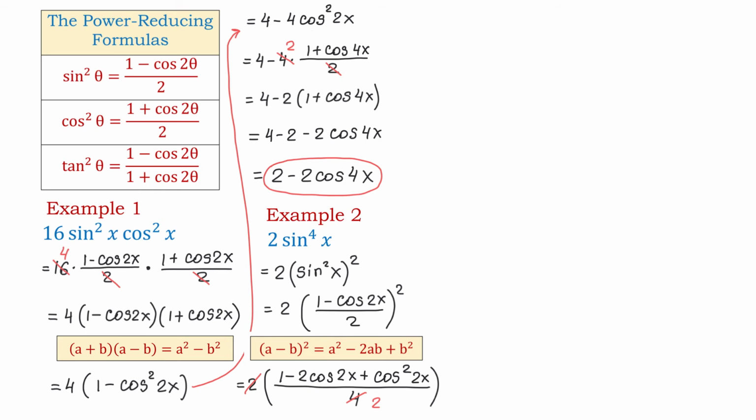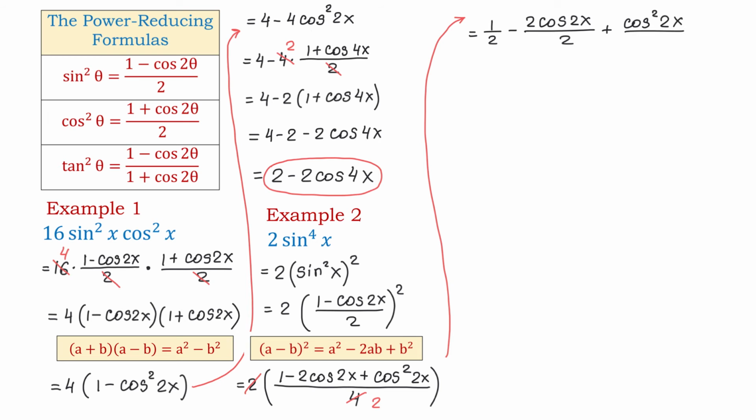And now let's write this expression as a sum of three fractions. The first one will be 1 over 2. The next one, negative 2 cosine of 2x over 2. And the third one, cosine squared of 2x over 2. So again, we will write 1 over 2 minus 2 cosine of 2x over 2 plus cosine squared of 2x over 2.